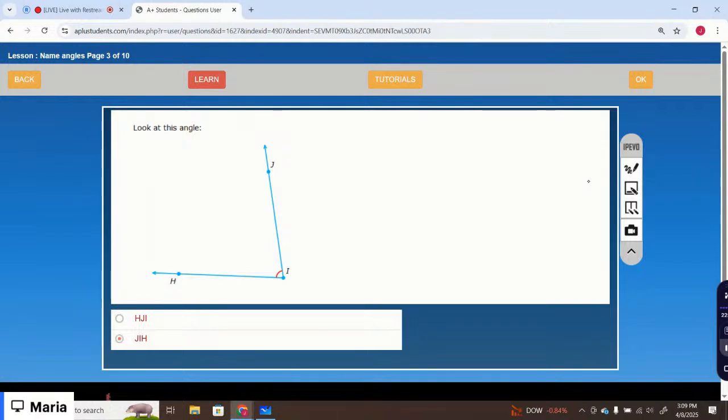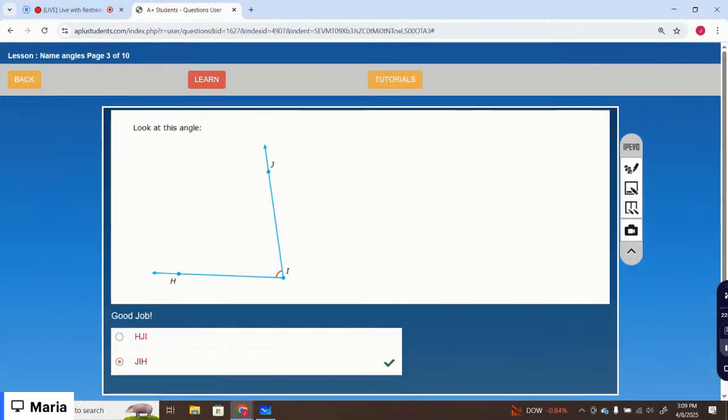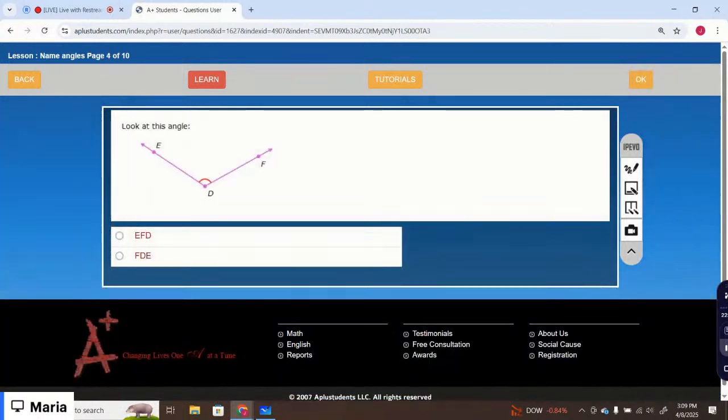Option number two is the correct option, that is JIH. Look at this angle. That is FDE. Option number two is the correct option.